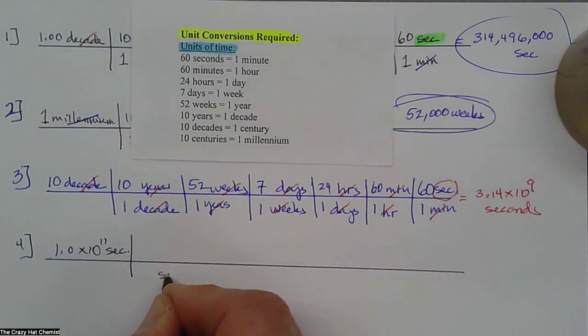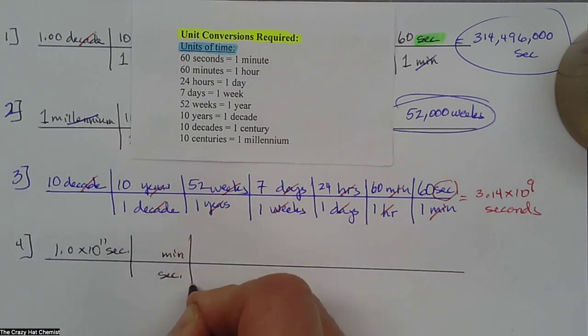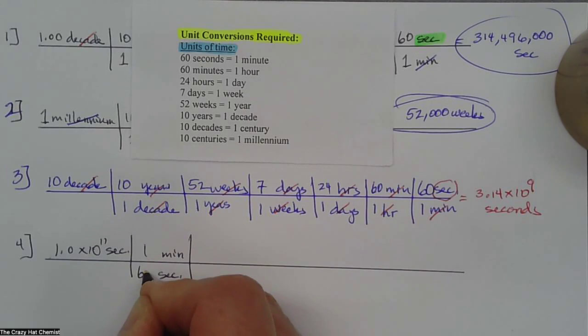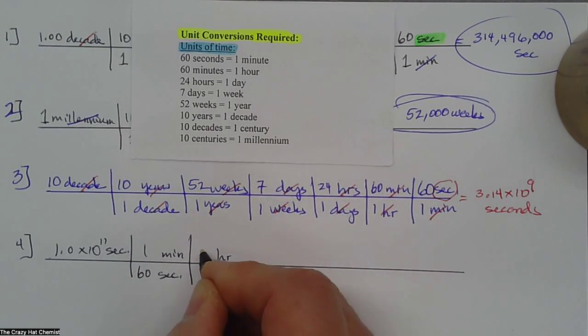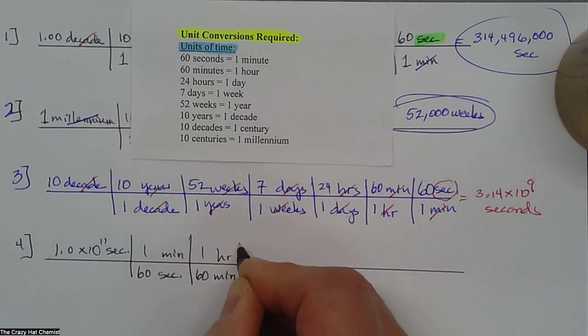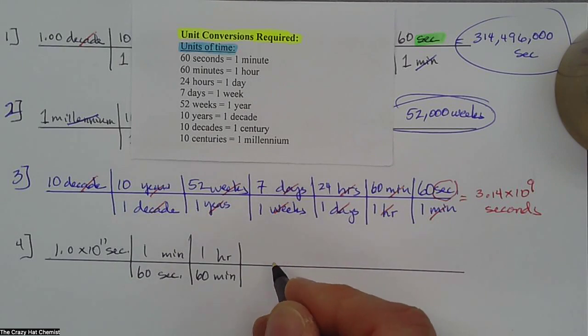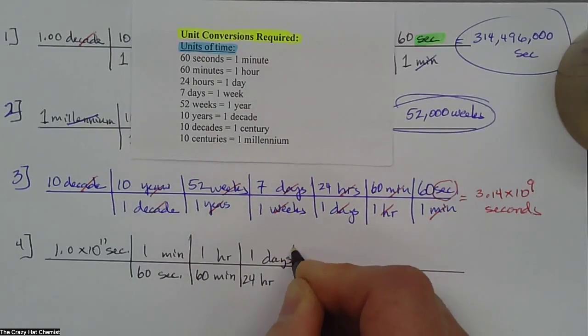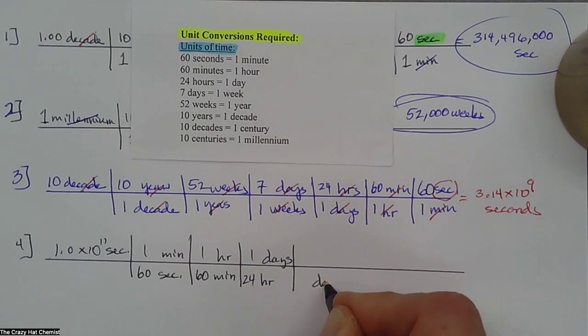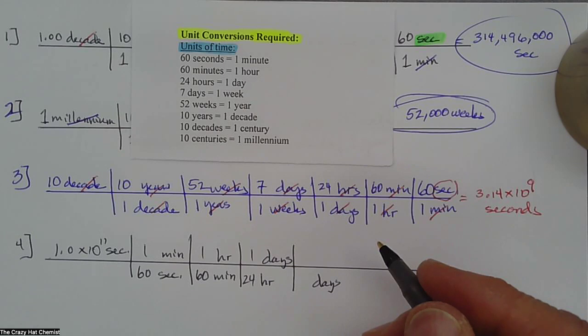So we're going to have seconds to minutes and a vertical stop. And for every 1 minute, there are 60 seconds, and then minutes to hours. For every 1 hour, there's 60 minutes. And then we're going to go from hours to days. 1 day, 24 hours, vertical stop. Then we have days, and we're going to go to weeks.